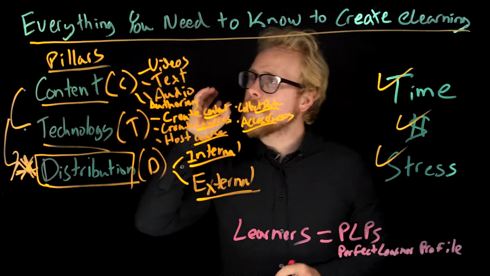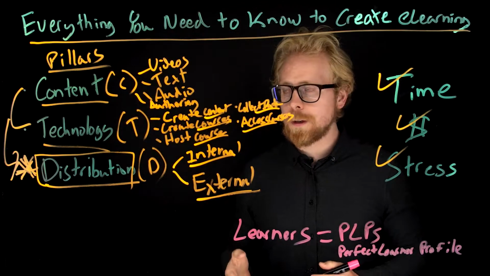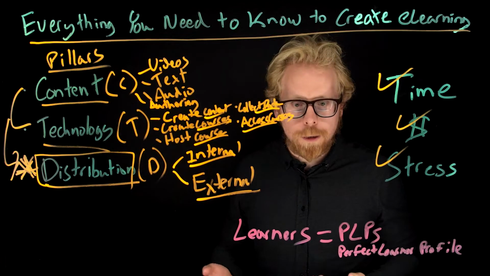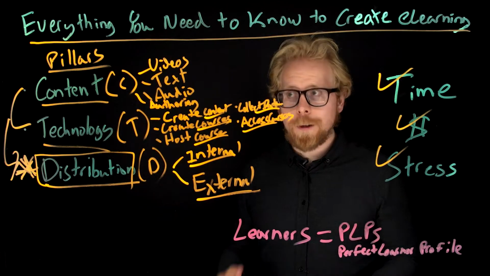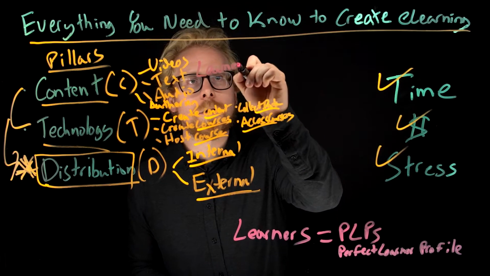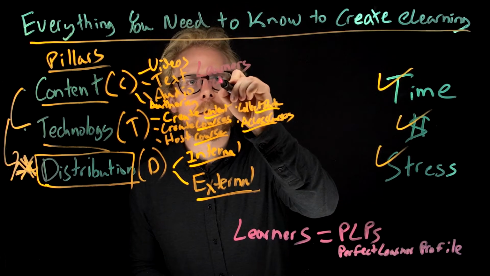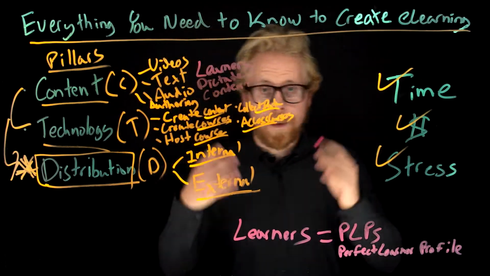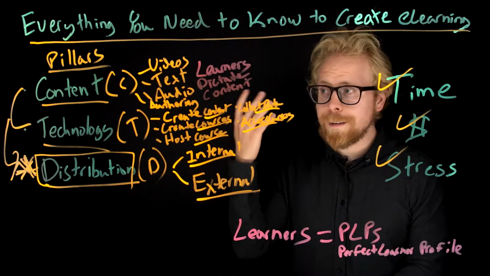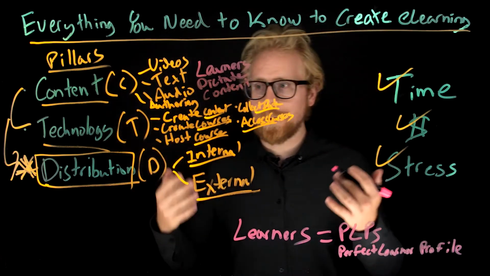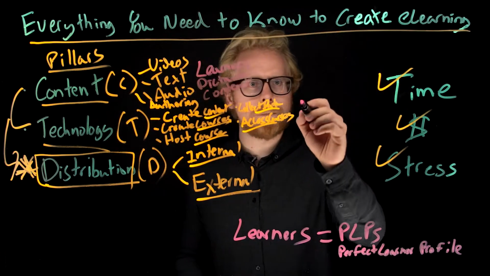Now, when you're building the content for your course and you're deciding what kind of content should I create? How should it look? You know how you get the answer? You ask your learners. So your learners dictate content. And then when you're looking at what technology do I need, who do you ask? Your learners. So same thing.